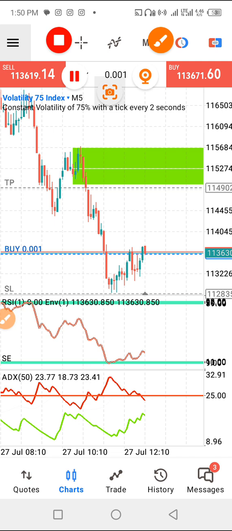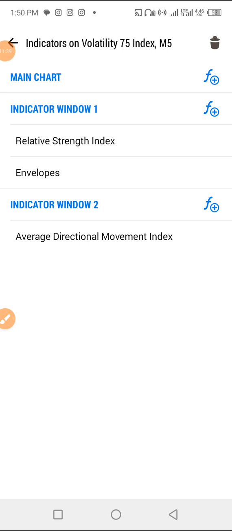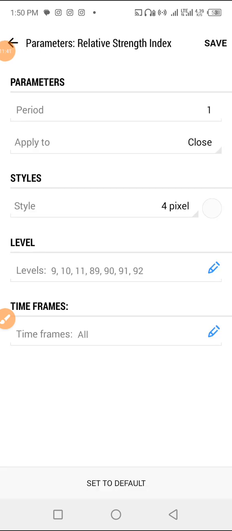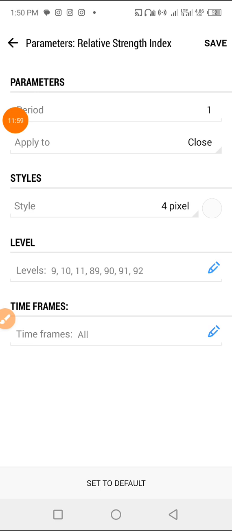Click on it. Your RSI, you're going to set it to period 1, apply to close. Now the levels: level 9, 10, 11, 89, 90, 91, 92. Exactly. So those are the levels. Then you click save.